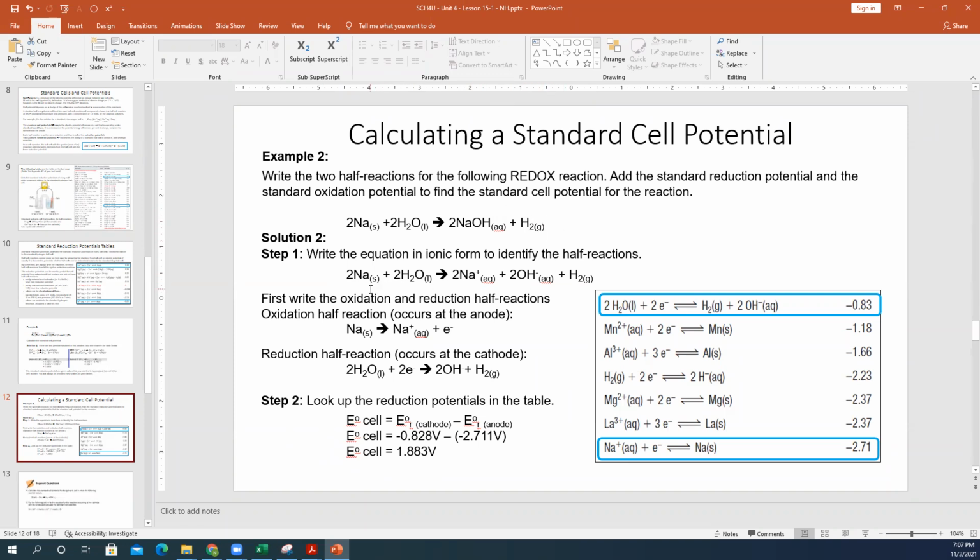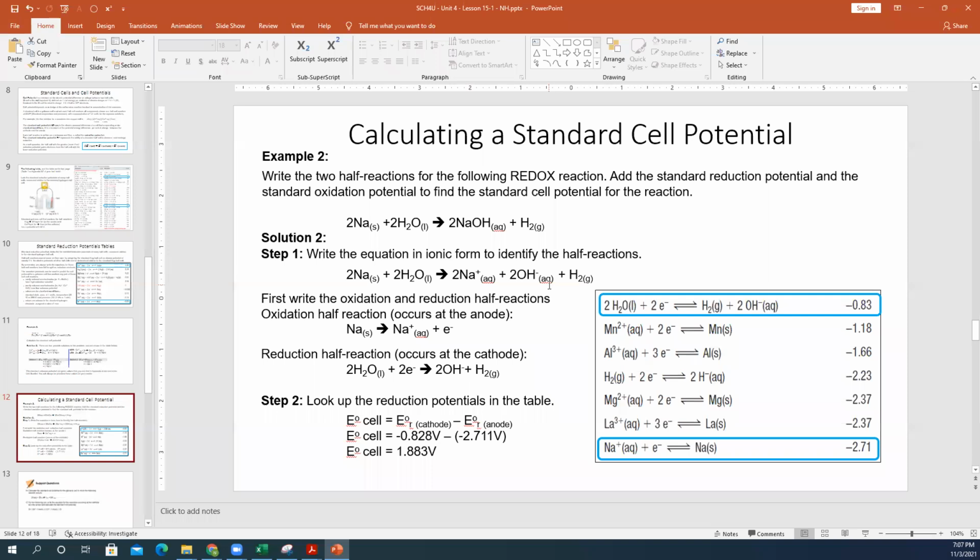If we write the equation in its ionic form, we will have 2 sodium ions in aqueous form, dissolved in the solution, plus 2 hydroxide ions in aqueous form, dissolved in solution.